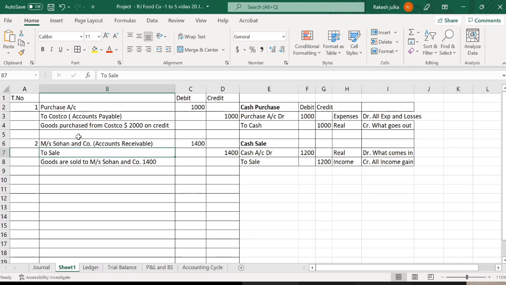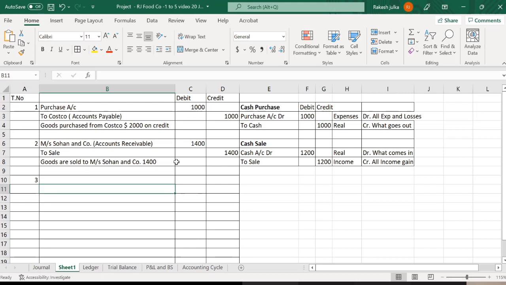Next, what happened? As per transaction number 1, we bought goods from Costco. And now this is the time after maybe 15 days. Out of $1,000, I have paid 550.